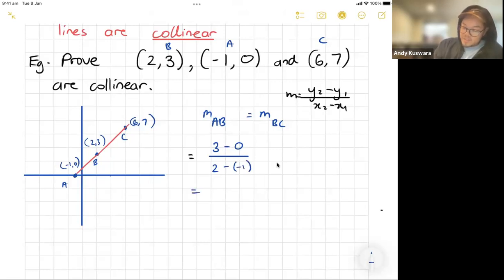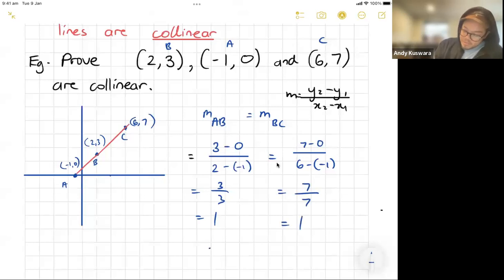In this case, that equals 3 on 3, that equals 1. Let's double check the gradient of BC now. It's y2 minus y1, so 7 take away 0 over x2 minus x1, and that's 7 on 7, that also equals 1. We've proved it, therefore collinear points. They're on the same line. Good.